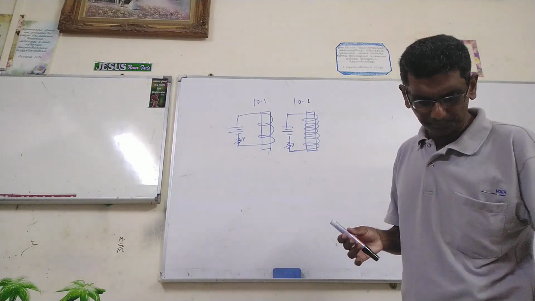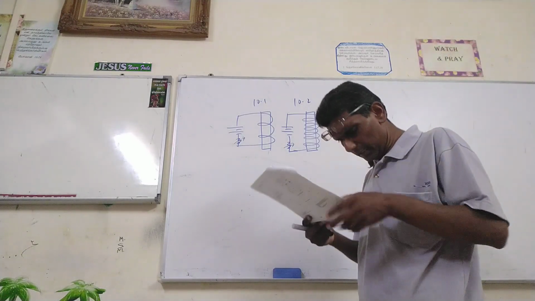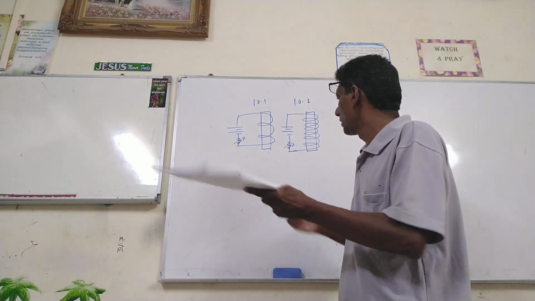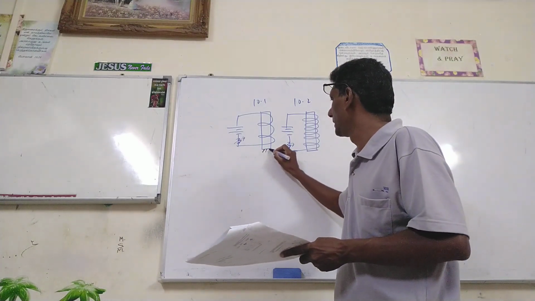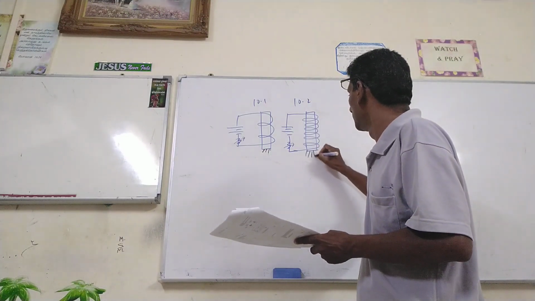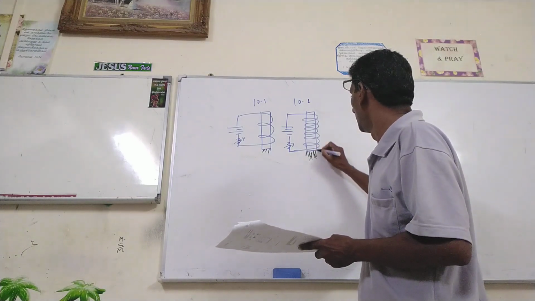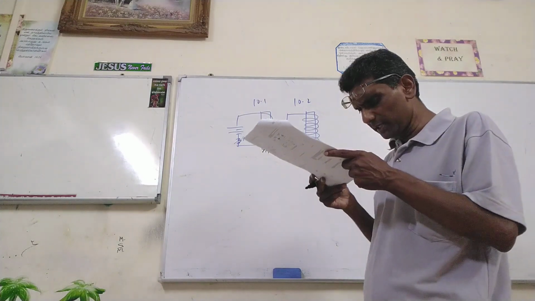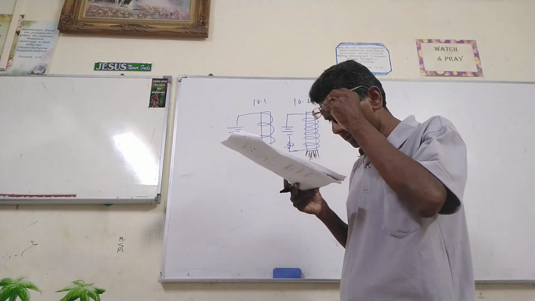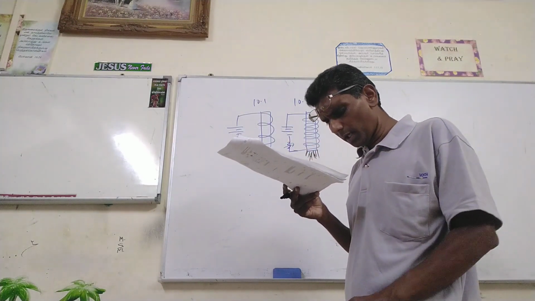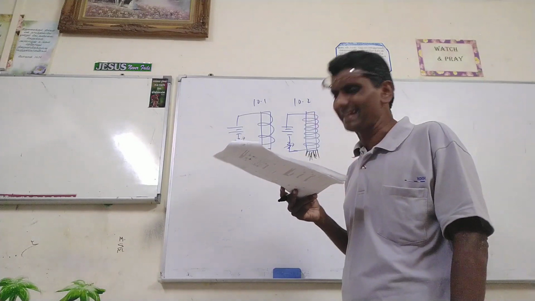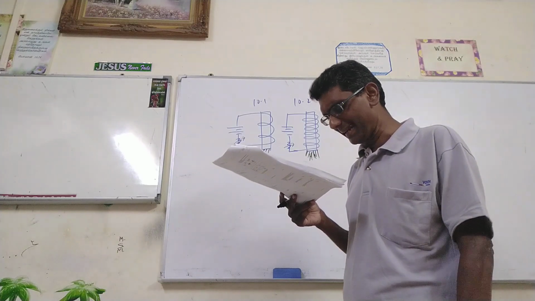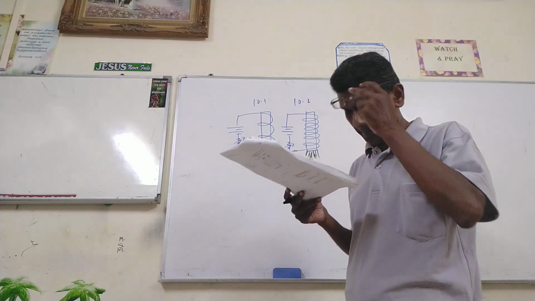And the number of pins: more pins are attached. What is the meaning of electromagnet? A conductor which can produce a magnetic field. That's called an electromagnet.